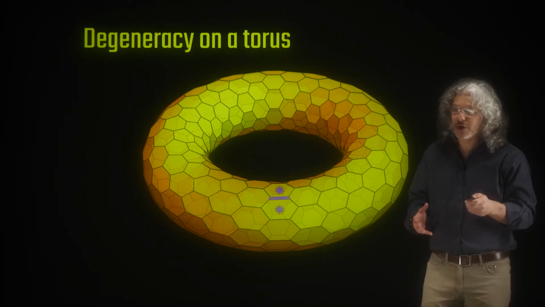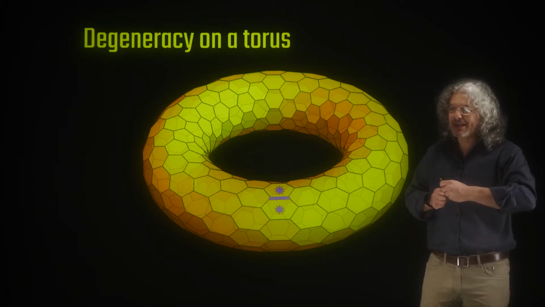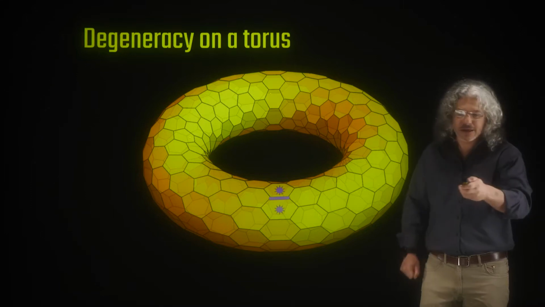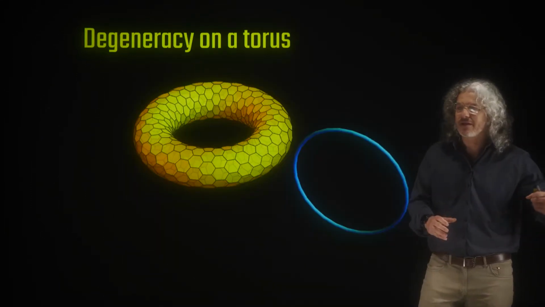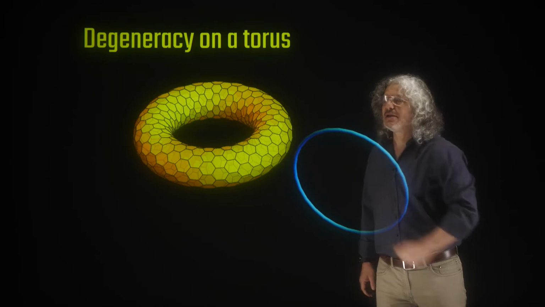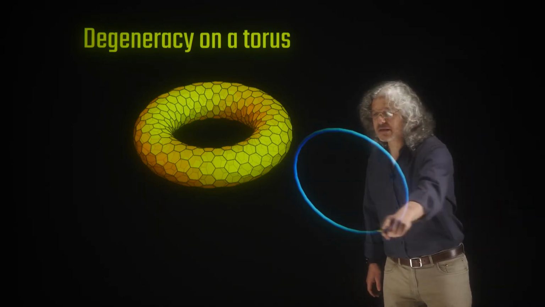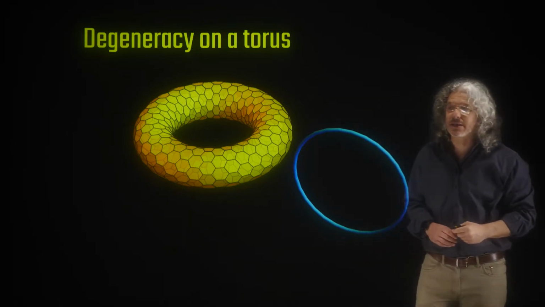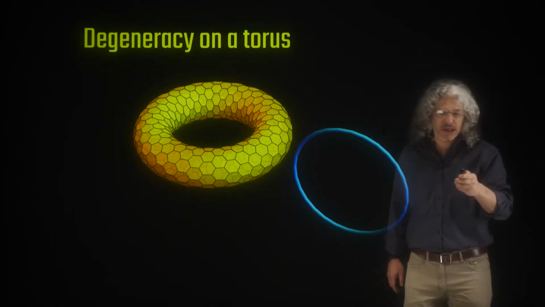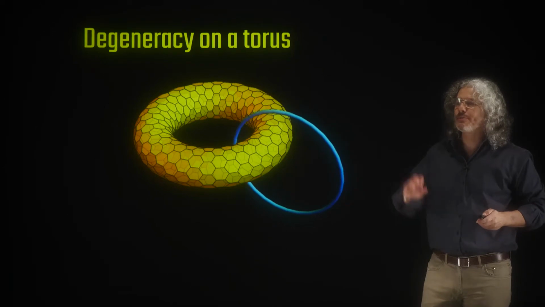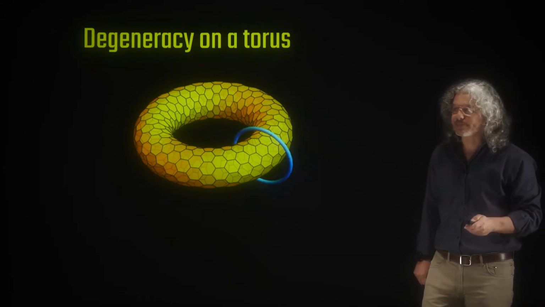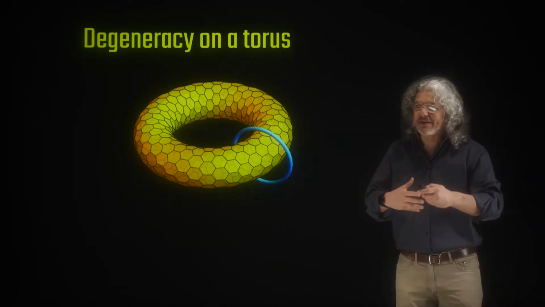And what I want to show is that by manipulating this internal excitation, we get a state which is equivalent to insertion of a vortex line into the torus. So imagine that this blue circle is a vortex loop, and we insert these vortex loops into the torus. So how is it done by internal excitation?